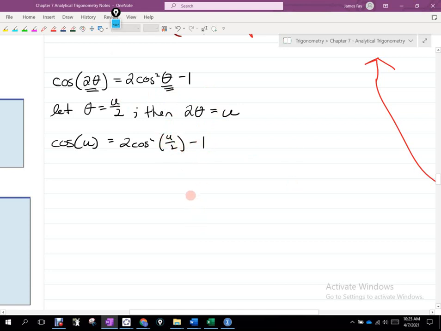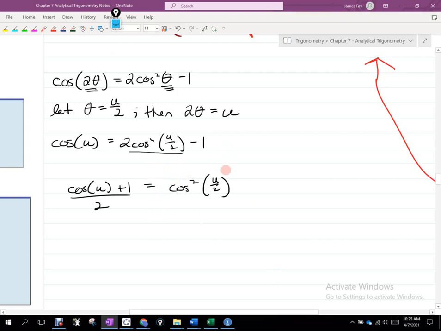Subtract 1. Can you now solve for that object? Add 1 to both sides, so we get cosine of u plus 1 equals 2 cosine squared u over 2. Divide both sides by 2, right? Go ahead and do that.